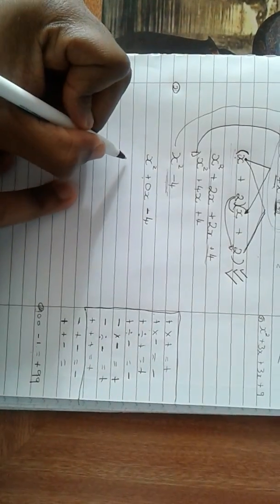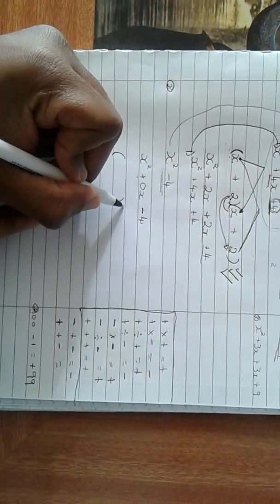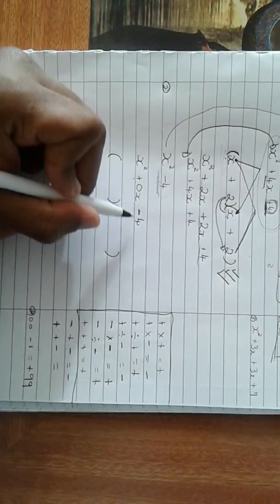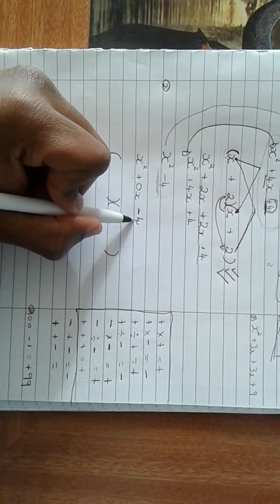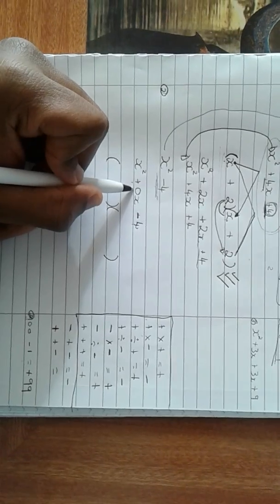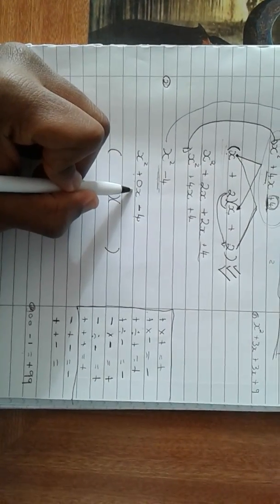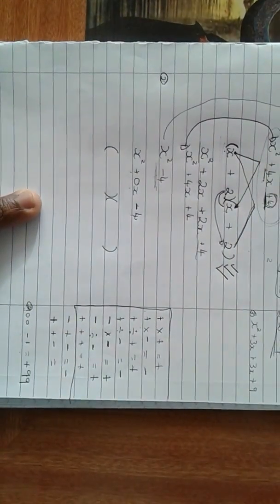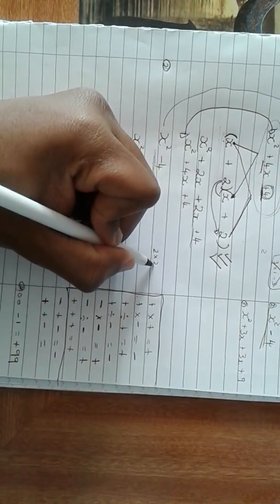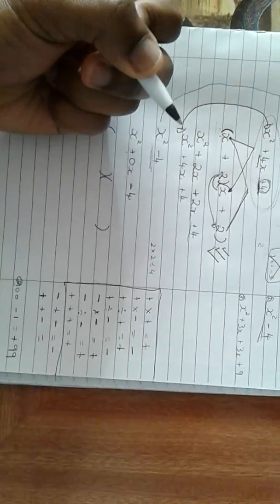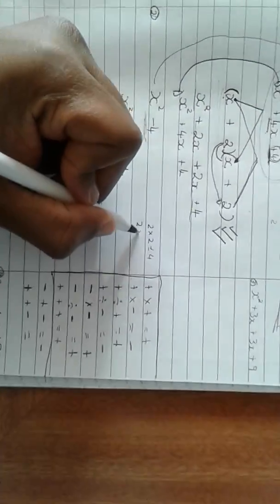So what you are going to do here is find two numbers which, when you multiply them, give you 4. When you add or subtract them, they give you 0. Got it? So you're going to find out that 2 times 2 is equal to 4. 2 plus 2 is equal to 4 again, not 0.